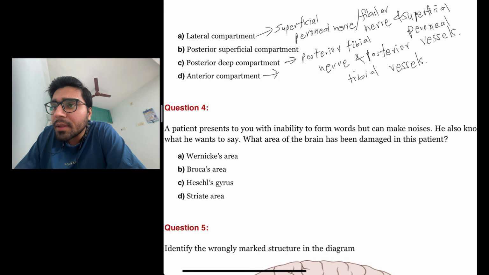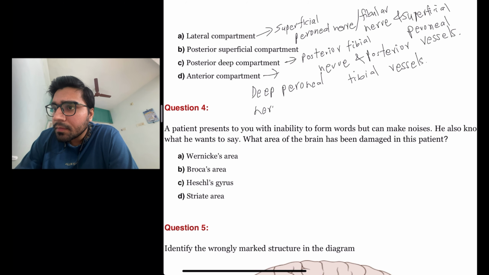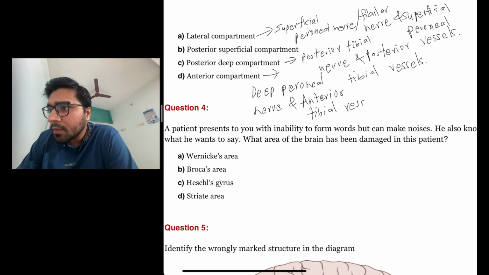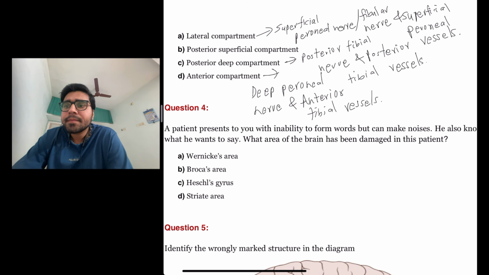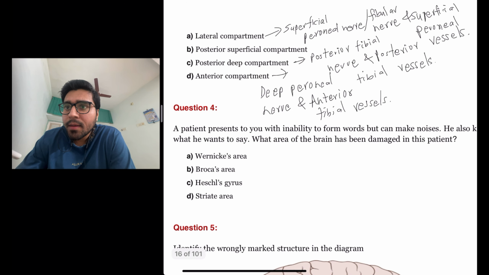The anterior compartment is related with the deep peroneal nerve and anterior tibial vessels. Posterior superficial compartment does not have any kind of neurovascular bundle. So the answer is B, posterior superficial compartment.